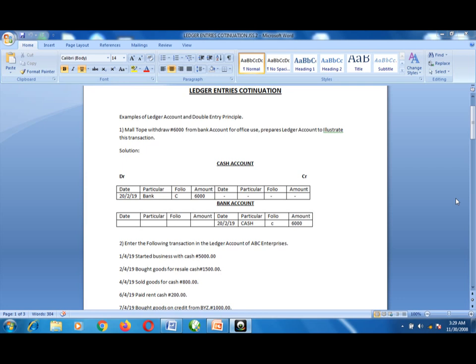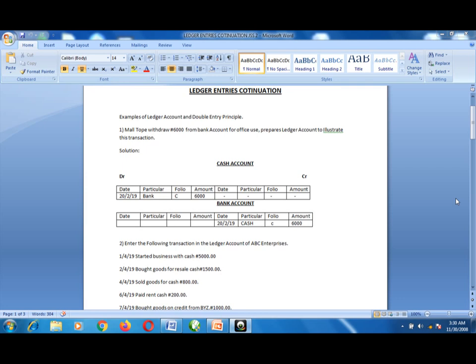You draw cash, but you draw it from bank. The first leg will be cash account, while the other leg will be bank account. If you are collecting from one account, definitely that money will go to another account. That is receiving payment. Cash account is receiving the money, so you debit cash account with 6,000 naira. Your particular will be bank. Bank is the one paying money to cash.